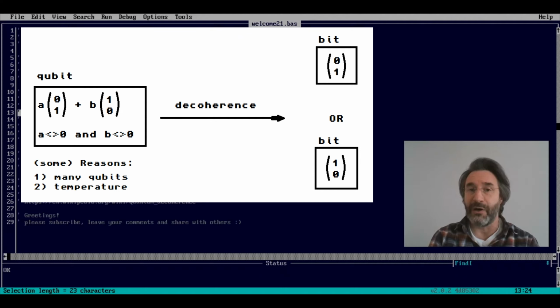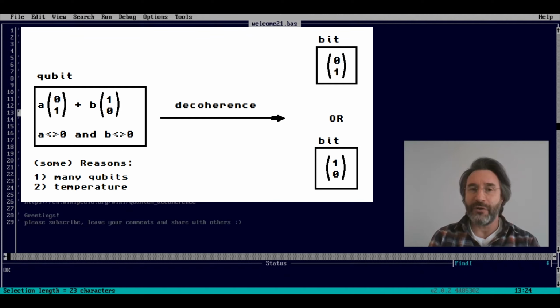Actually, they go below 20 millikelvin, which is colder than the temperature in outer space. So if you want to run this kind of technology and prevent the effects of decoherence coming through temperature, you have to use very expensive cryogenic facilities. So this is not a computer that you can bring anywhere.